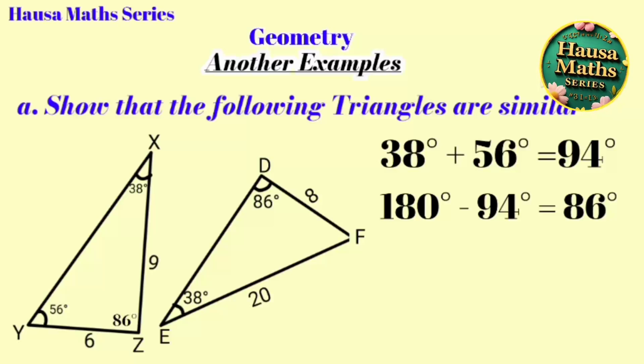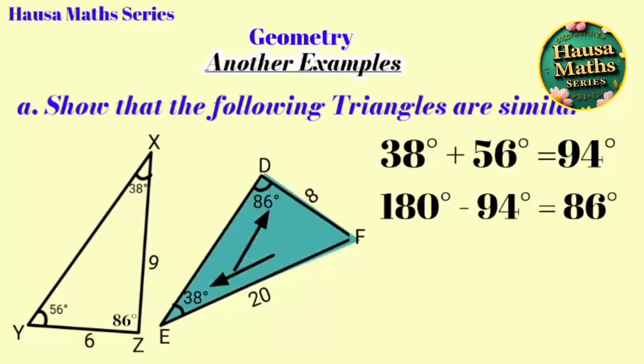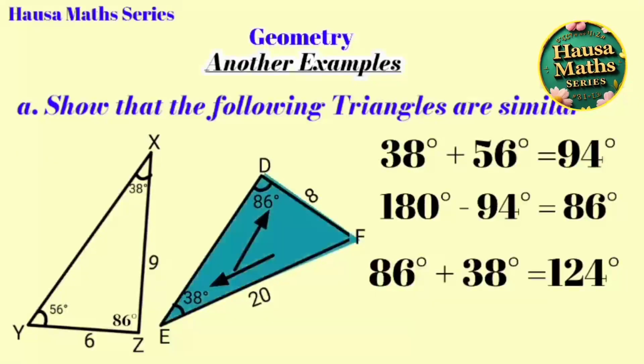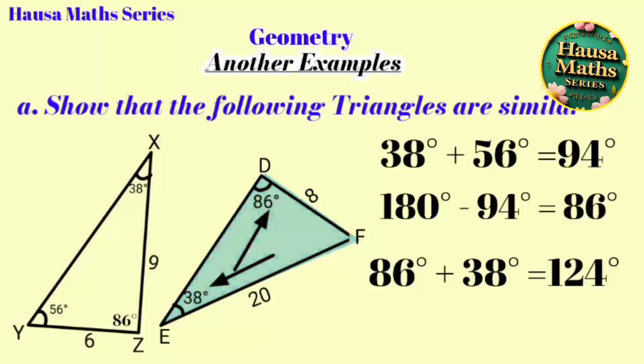Let's go to the next triangle, DEF. This one also has two values: 86 degrees and 38 degrees. We add them together, which gives us 124 degrees.